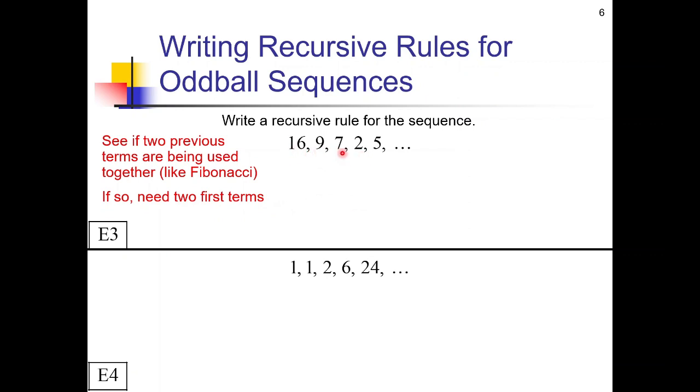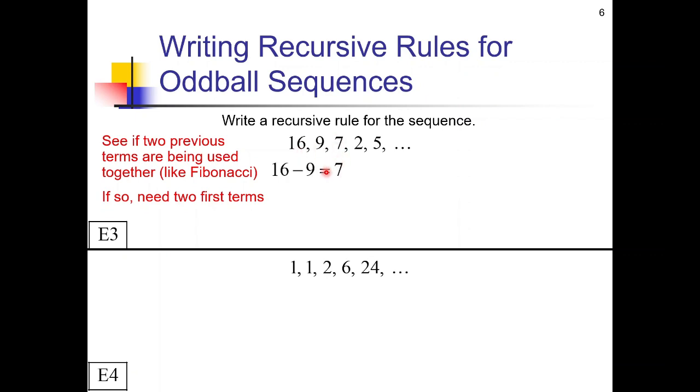for example 3 here. Alright, so let's just look at the last two terms and see how those give us the next term. So how can I get a 7 out of 16 and 9? I can't add 16 and 9 or multiply or divide 16 and 9 to get a 7. However, 16 minus 9 is 7. So that's something.